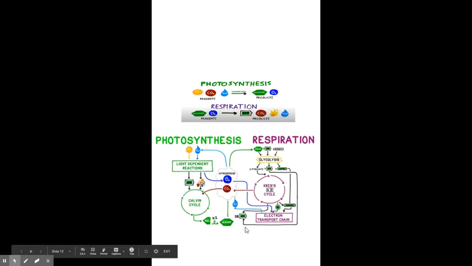This diagram down here does a really good job of showing you the details. So we start with the light-dependent reactions, and we go into the light-independent reactions, or the Calvin cycle, and what's given off and what's made, and how that's cycled throughout then aerobic respiration, where we go from glycolysis to the Krebs cycle, finally to the electron transport chain.